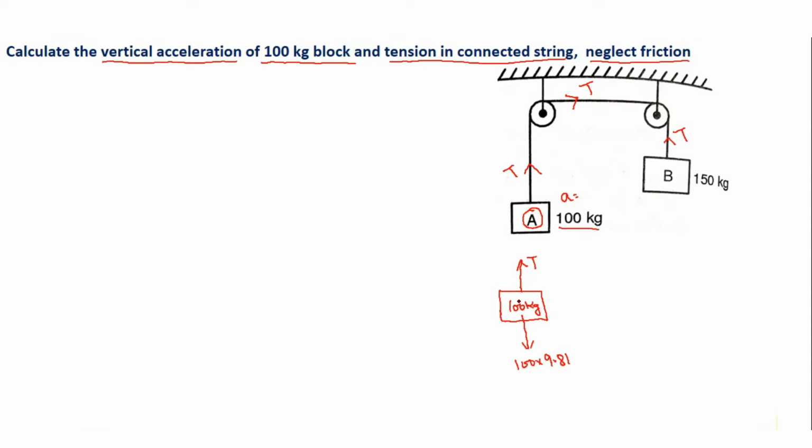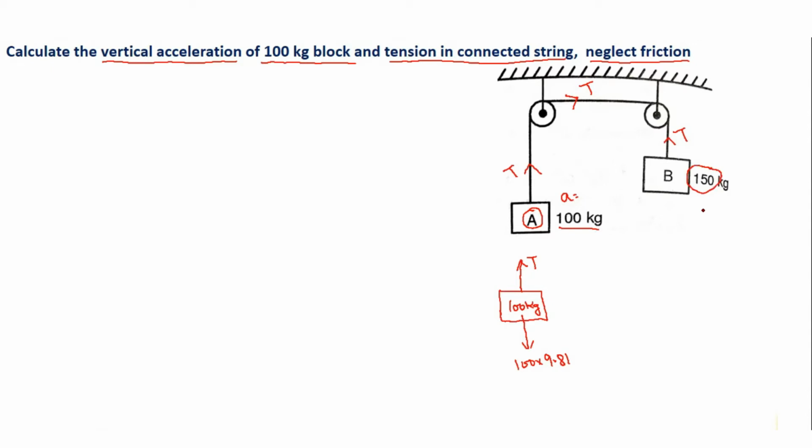Now, the next step before applying conditions of equilibrium is to show the inertia force in the direction opposite to the direction of motion. So what we need to do is assume the direction of acceleration for both these blocks. Just by mere observation, you can see that block A is of 100 kg and block B is of 150 kg.